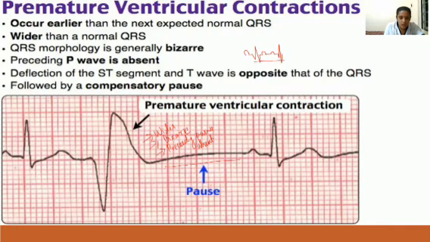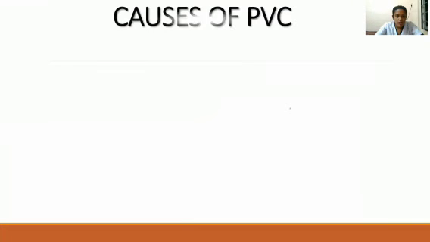The QRS morphology will be bizarre, the preceding P wave won't be there, and sometimes you can observe a compensatory pause. If you are seeing this, it is known as premature ventricular contraction.